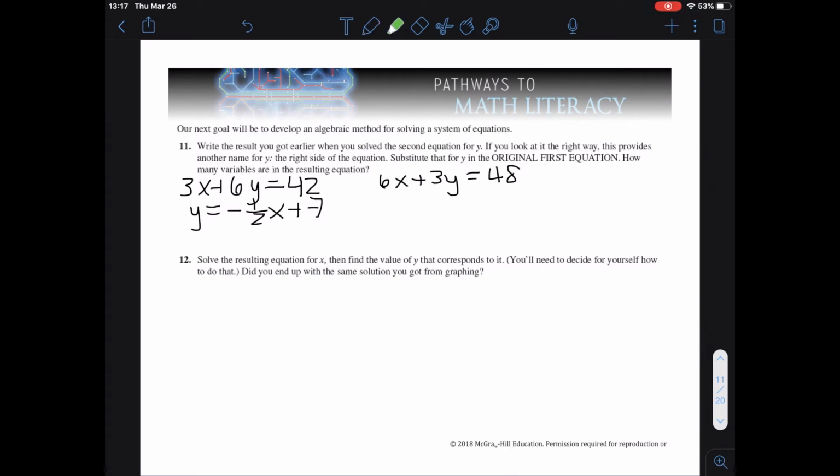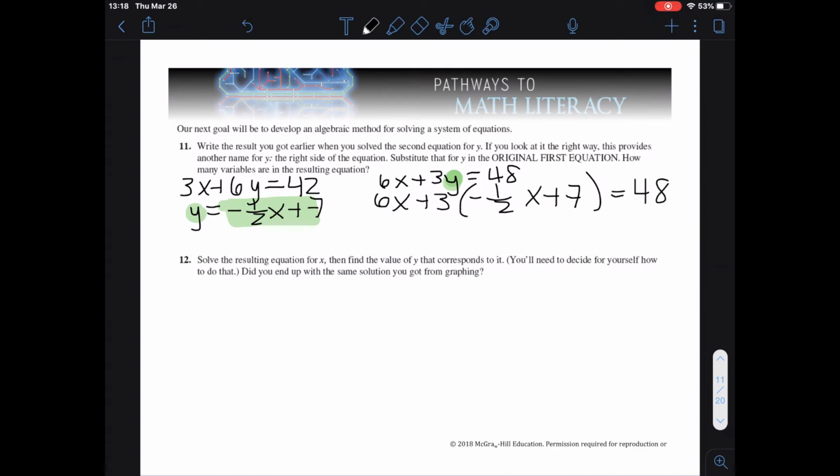So what we're going to do, these y values better be exactly the same. It's the same weight of the packet. So instead of this value of y, I'm going to replace it by what y is from the first equation. So we get 6x plus 3 times the y value, which is negative 1/2 x plus 7.